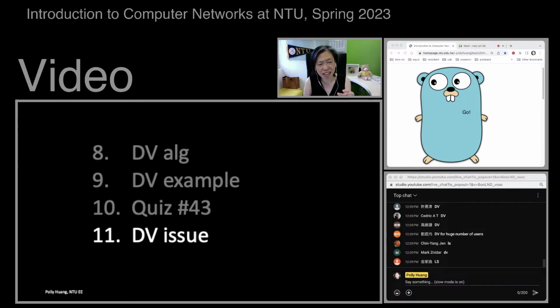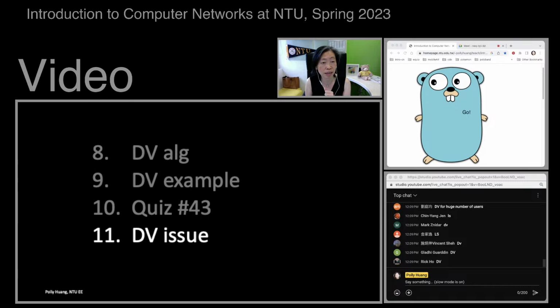And the routers nearby the link will need to update the information. And it's not exactly easy to do when a link suddenly breaks down or link cost suddenly goes really high.